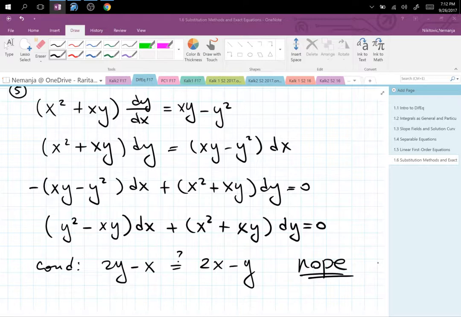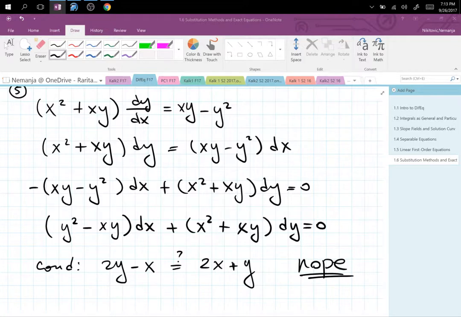Wait a minute. When you take the partial derivative with respect to y on the first one, you get 2y minus, the derivative of y is 1, so just minus x. On the other side, you're taking the derivative with respect to x, so it's 2x plus y. Still, it didn't work.